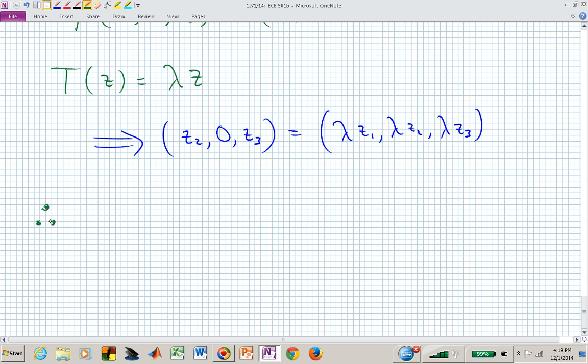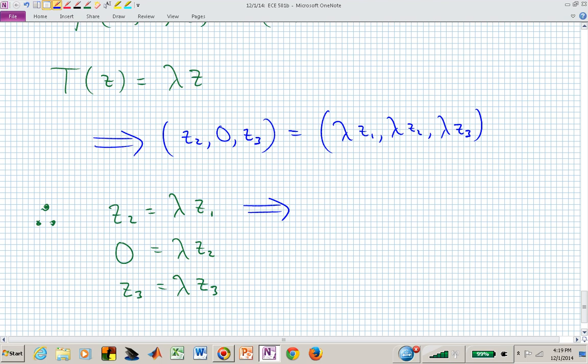From the first coordinate, we see that z sub 2 is equal to lambda z sub 1. From the second coordinate, we see that 0 is equal to lambda z sub 2. And from the third coordinate, we see that z sub 3 is equal to lambda z sub 3. And we need those equations to be true. From the first equation, we want that to be true for all values of z sub 1 and z sub 2.